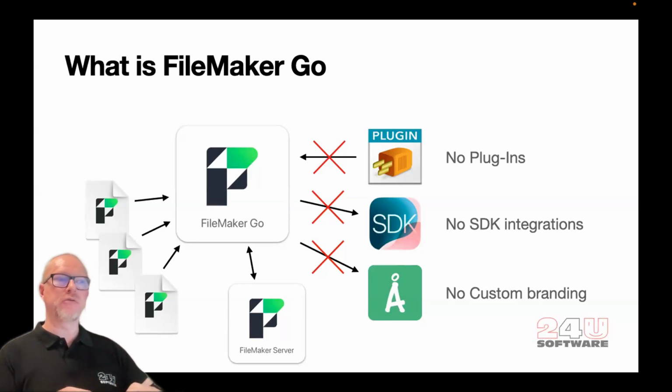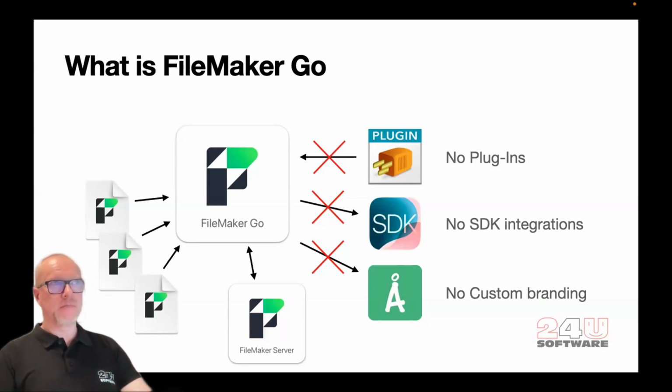So what you could do with FileMaker Go in the past, like having a web link saved as a bookmark with a custom icon on the desktop, I'm not sure if it's still possible. So custom branding is also difficult or impossible with FileMaker Go.